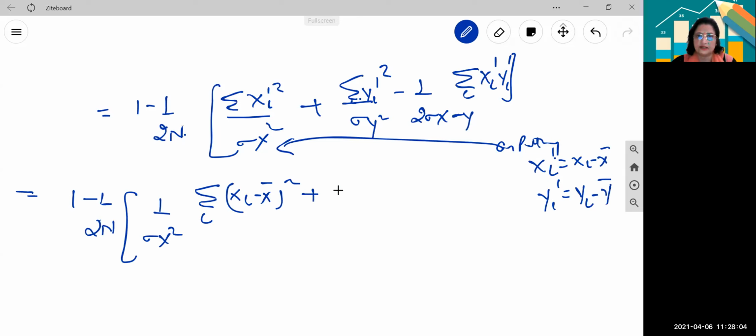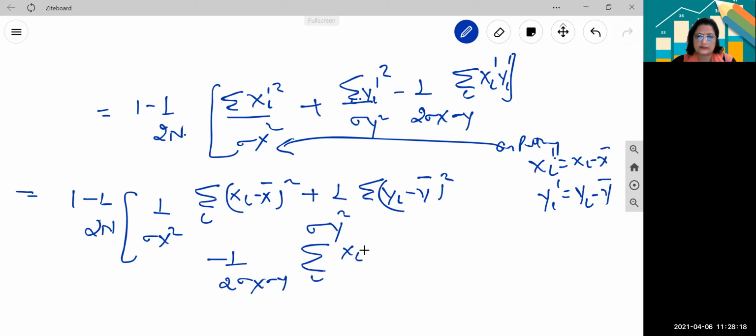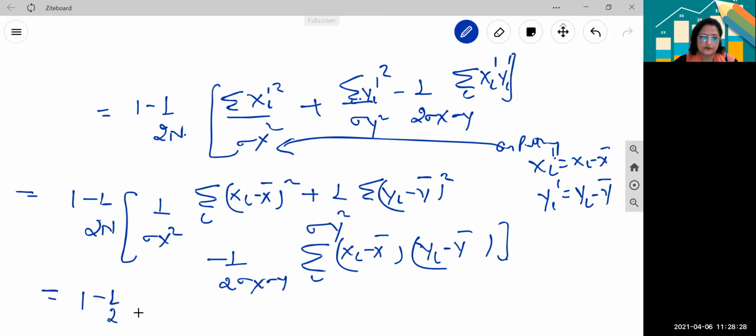So we have put these values. So here is sigma y square summation yi minus y bar whole square, right? Minus 2 by sigma x sigma y into summation i xi minus x bar into yi minus y bar, right? So this is equal to minus 1 by 2.